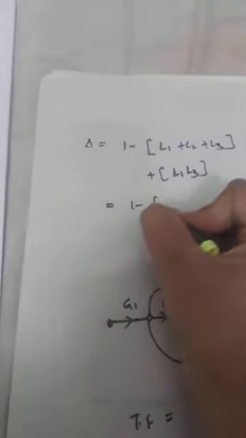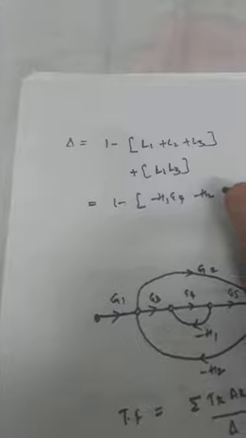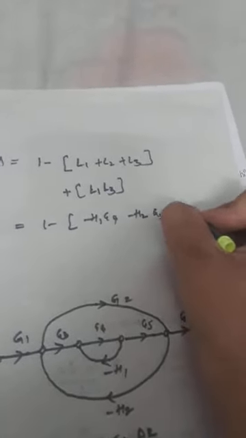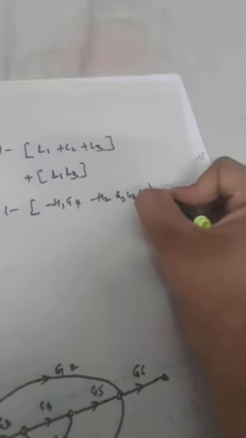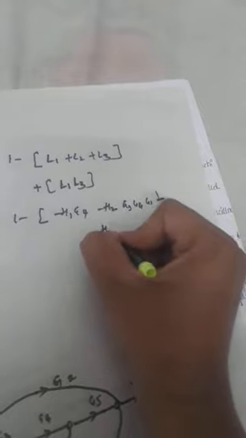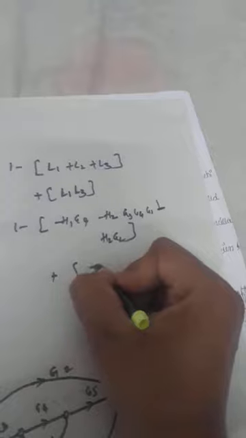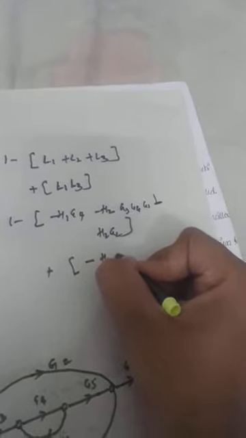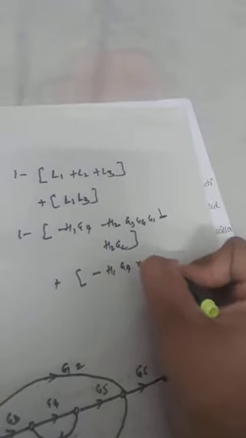Therefore delta is equal to 1 minus L1, you know the value, minus H1 into G4. L2 can be written as minus S2 into G3, G4, G5. L3 can be written as minus S2 into G2. Plus L1 into L3 can be written as minus H1 G4 into minus H2 G2.